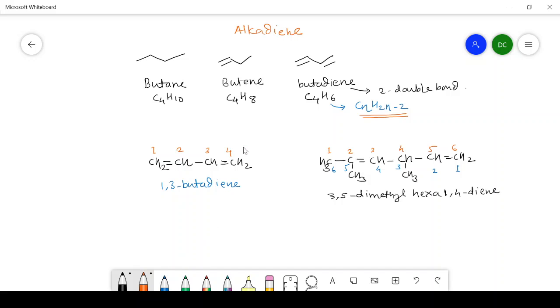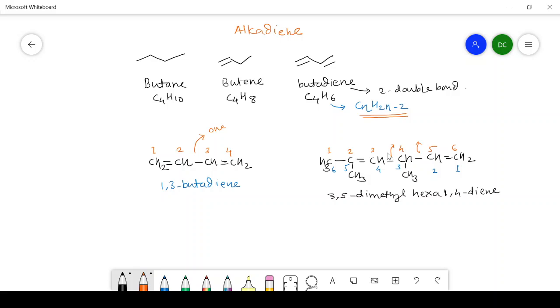Now, these alkadienes are classified into three different types depending upon the position of the double bonds present in the compound. In 1,3-butadiene, the double bonds are separated by only one single bond. But in this compound, if you look at the structure, the double bonds are separated by two single bonds.